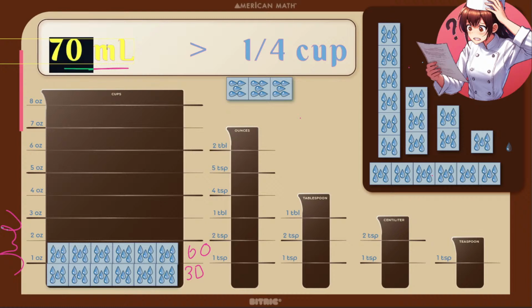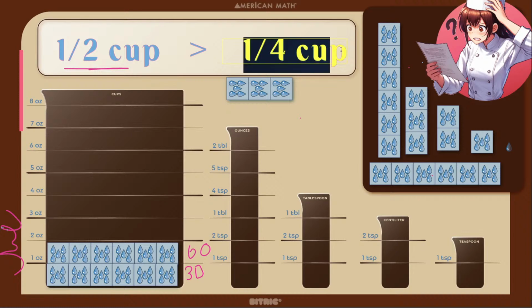All right, let's go with other challenges you got. Now we've got half a cup compared to 110 milliliters. Okay. Since we have our cup still in there, I'm going to keep it in there, but that's 1/4 of a cup. So let's keep going until we get to half. We know a cup has 8 ounces, so half of that is 4.